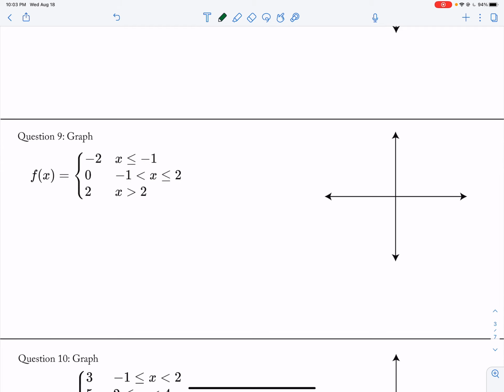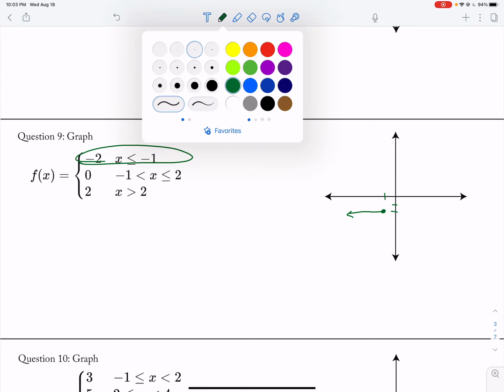So those were all piecewise functions. These are piecewise functions as well, except they are a special type of piecewise function, which is called a step function because it looks like a staircase. So at x less than -1 or equal to, I look something like this.